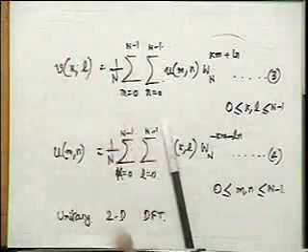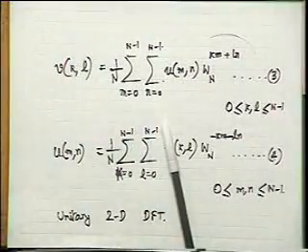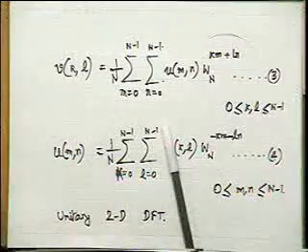If you want the magnitude, take every complex element of V of Kl, take the real part squared, take the imaginary part squared, add them up and take the square root, and you will get the magnitude part of the Fourier transform.